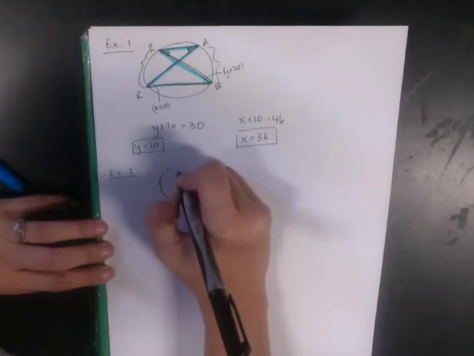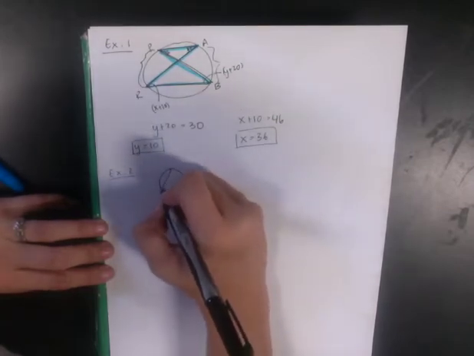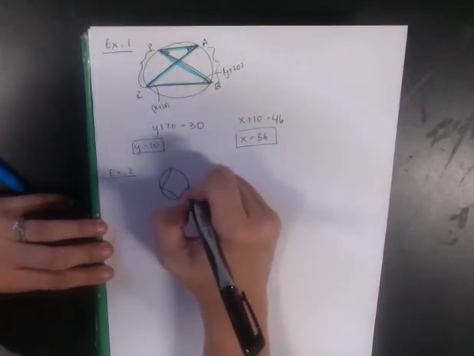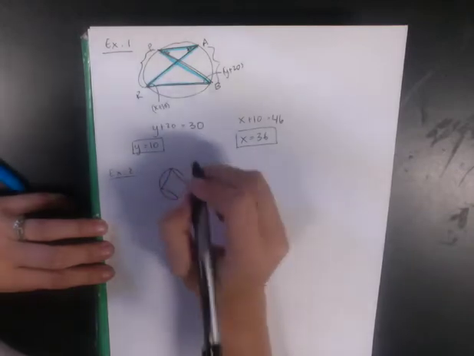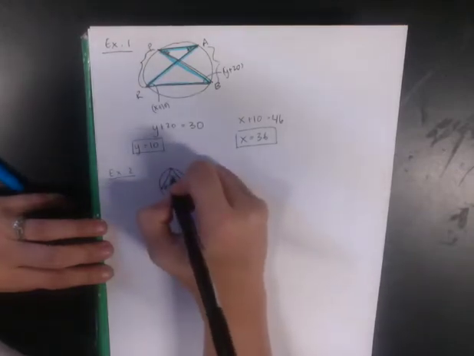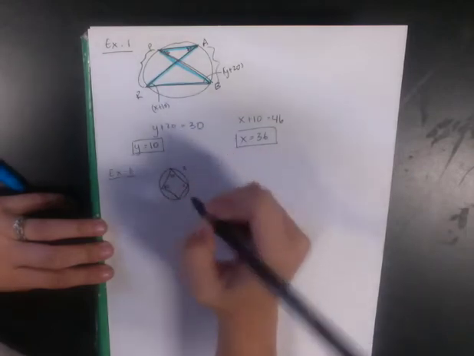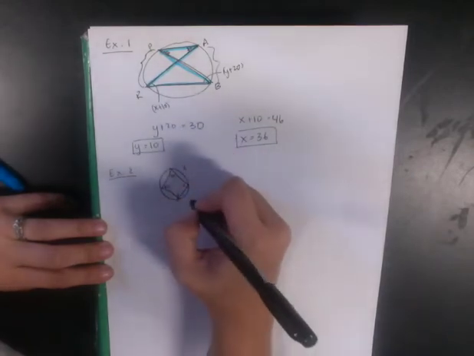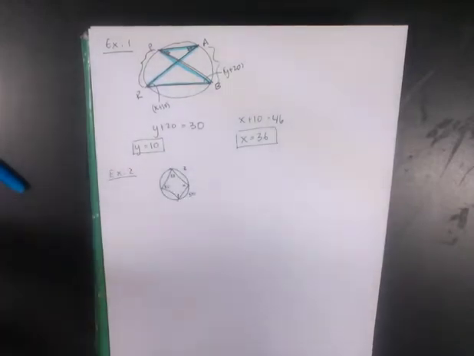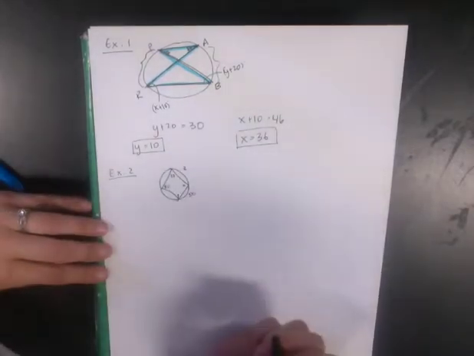Example 2. Okay, this is 80, 75, z, x, y, 50. Okay, first I'm going to solve for x and y.